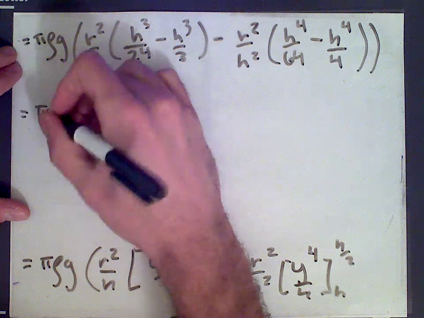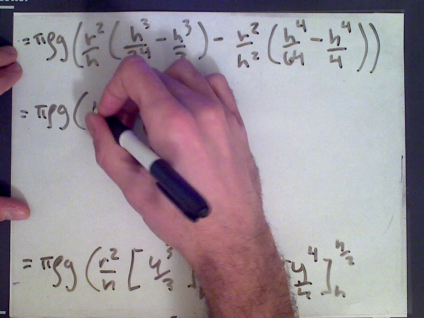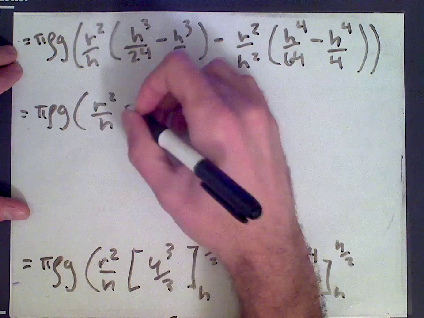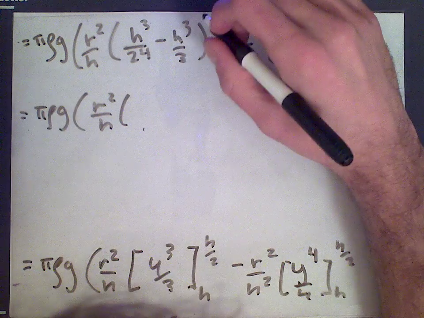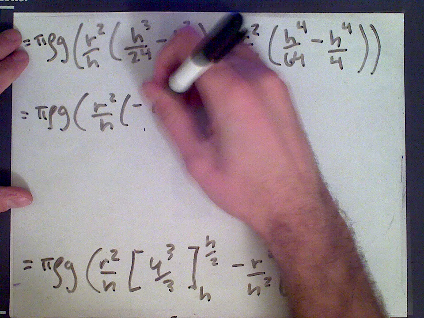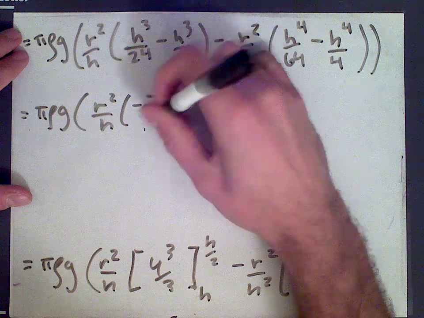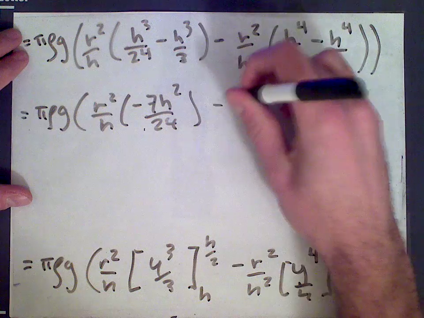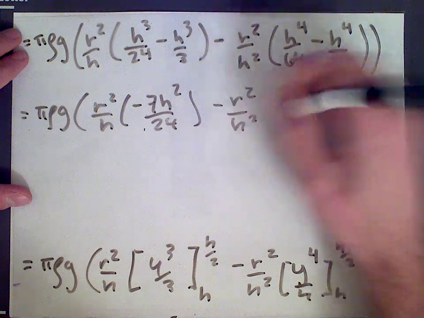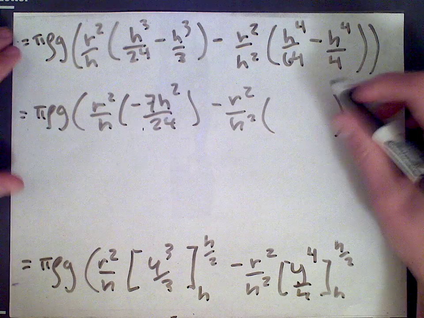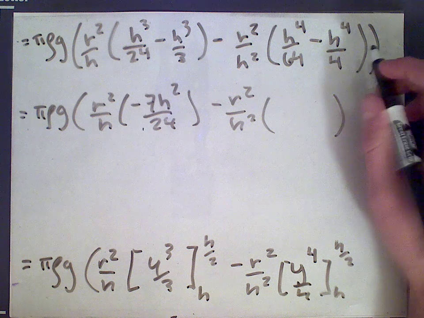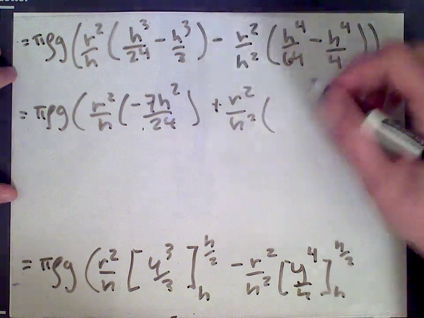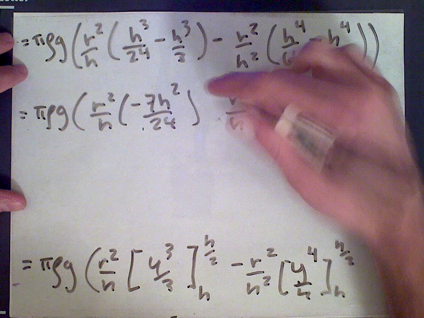So it's pi rho g r squared over h times, so this ends up being negative 7h squared over 24, minus r squared over h squared times, so we're going to put a plus here, and this will make this plus, let's leave it as a minus.